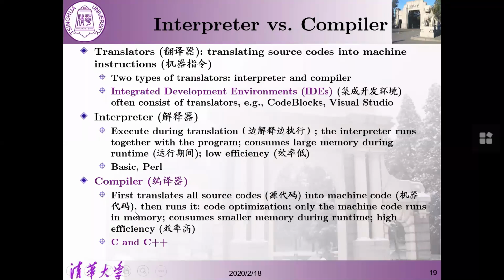Only the machine code runs in memory, so it takes less memory, and because we have done some code optimization, efficiency is better. C and C++ are typical compiler-supported languages, and BASIC, Perl, and also JavaScript, etc., are interpreter-related languages.